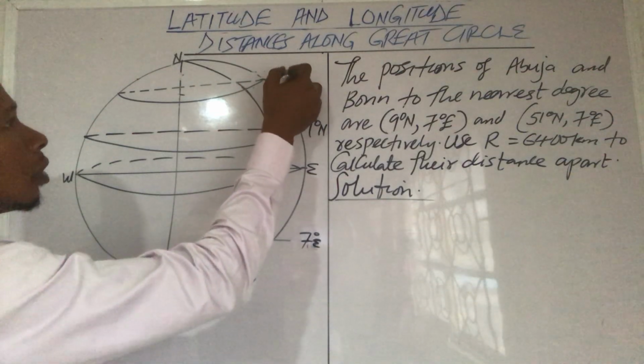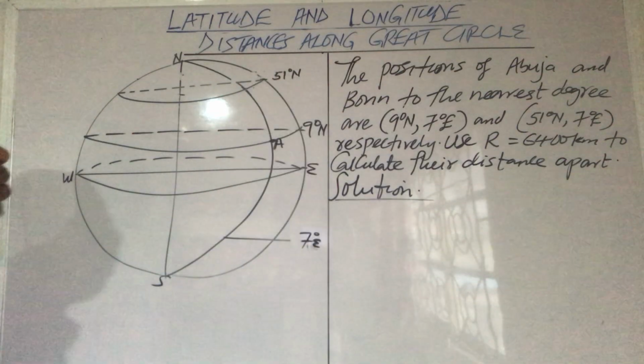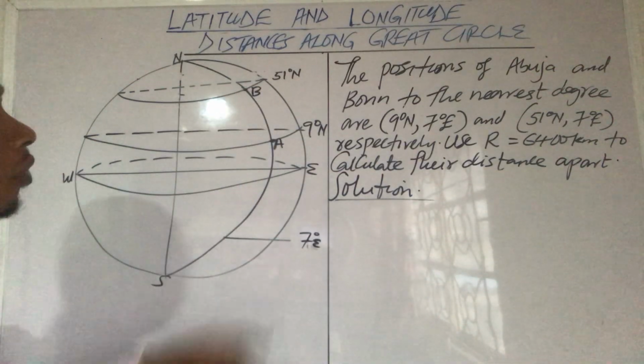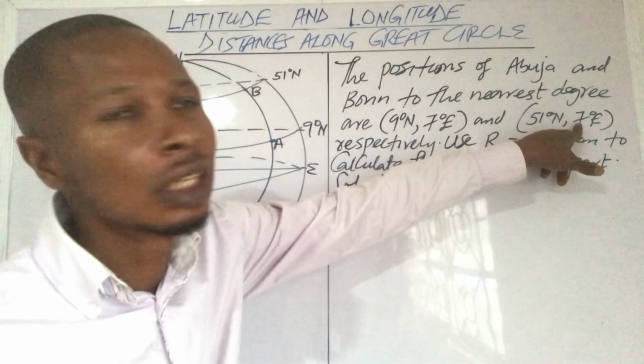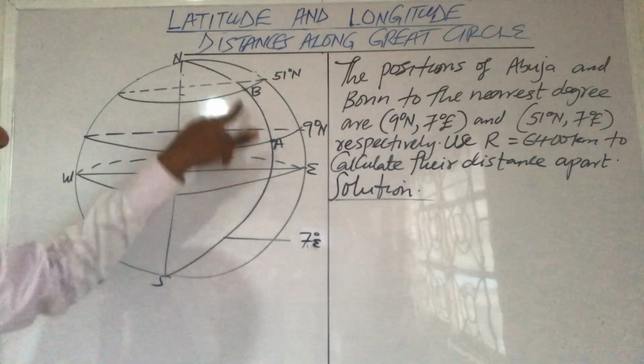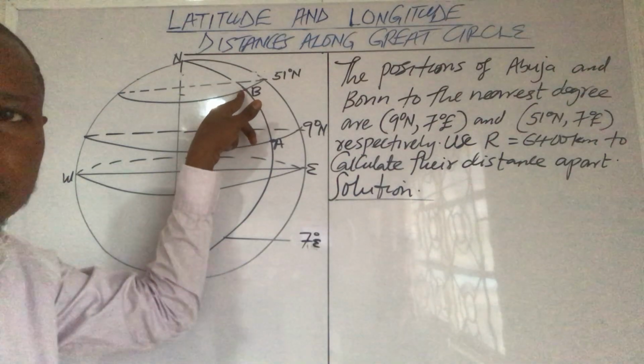This is the 51 degrees north, which is Bonn, Germany. It's 7 degrees east, so it's still on this line. That's why this is Bonn now.